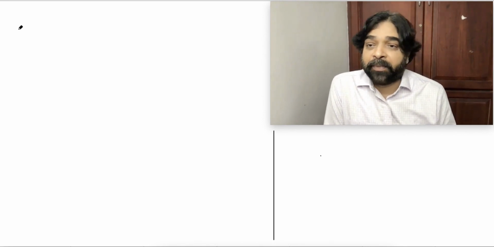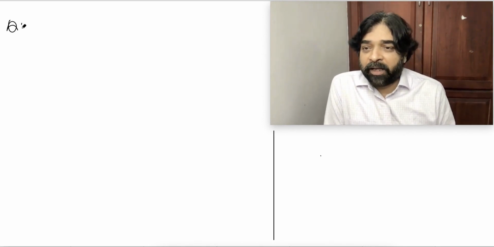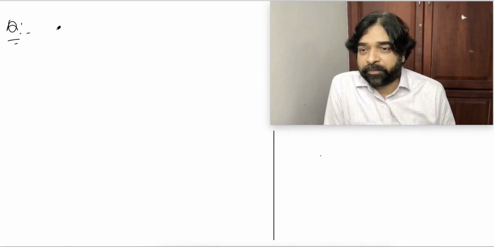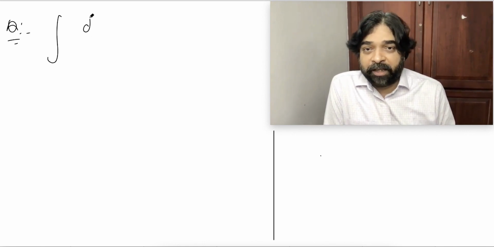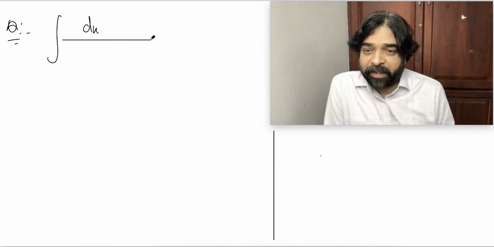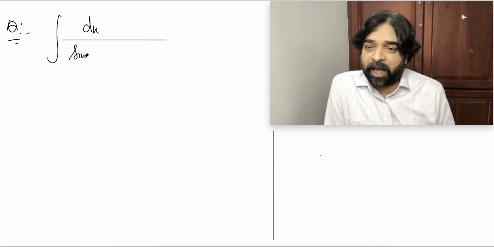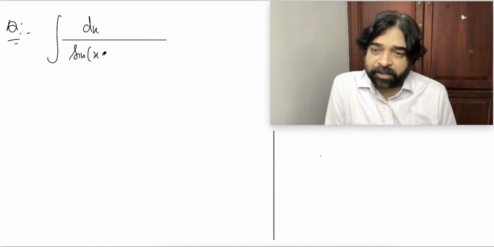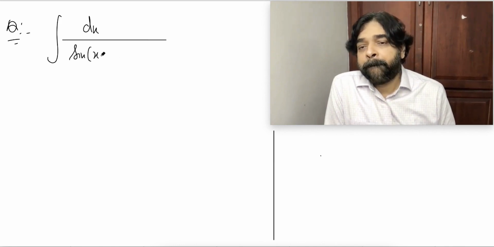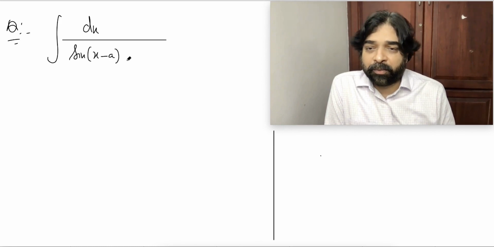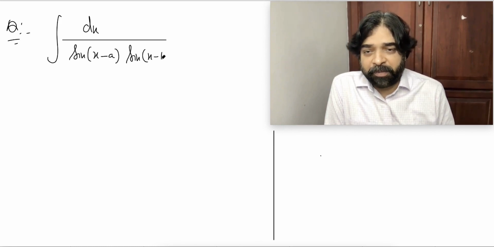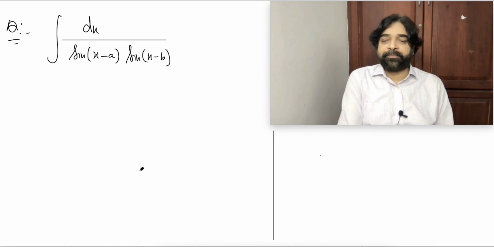Now imagine, one question I am asking is one of my favorite questions. So check, can you guess some idea? Suppose the question is coming: 1 by sine x minus a into sine x minus b, where a and b are constants.